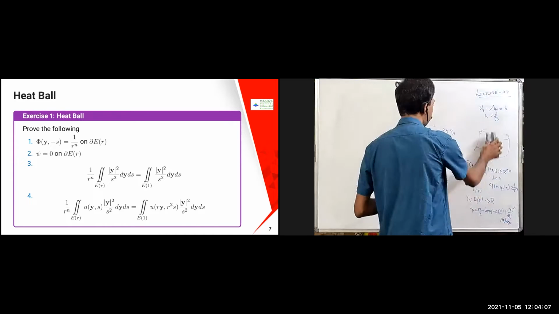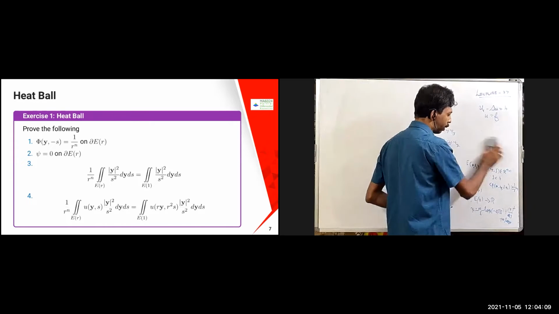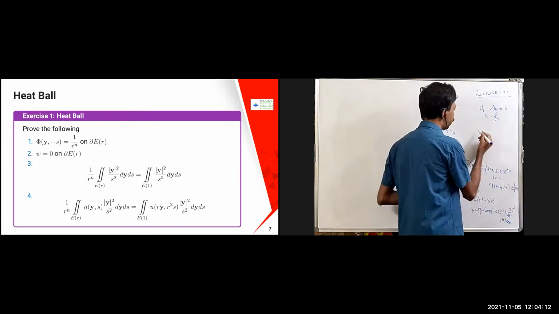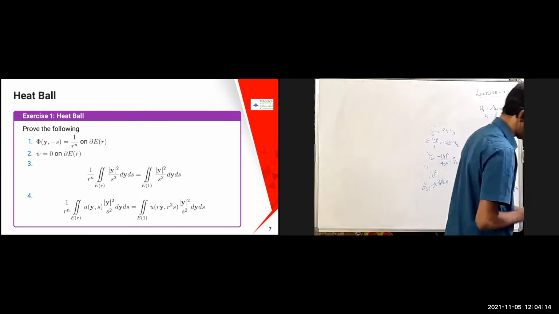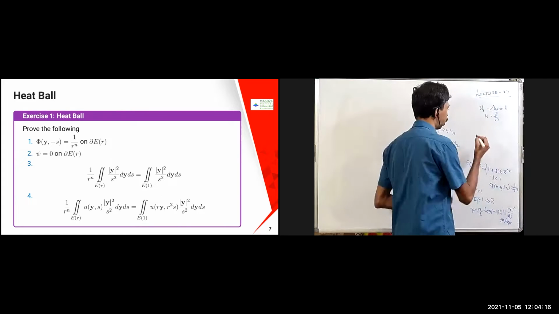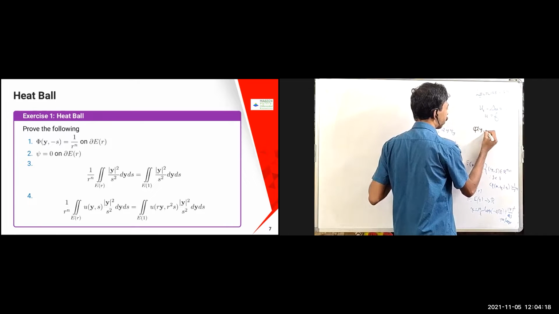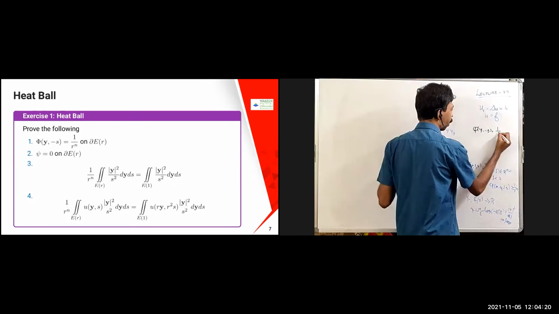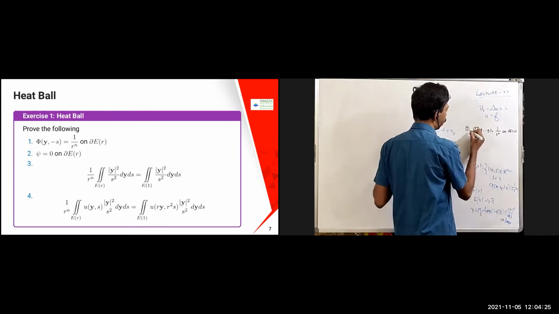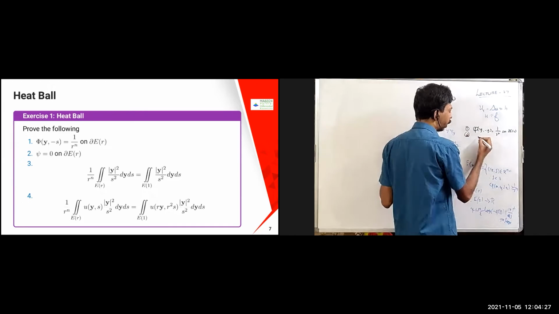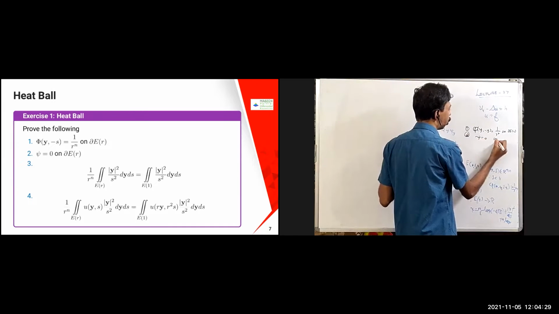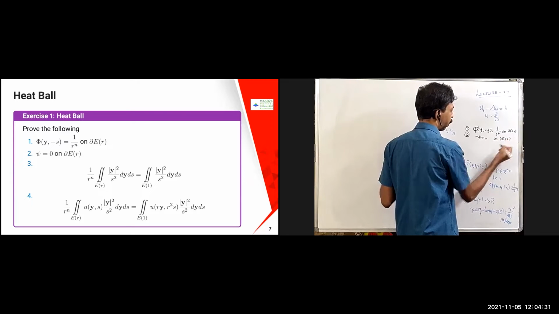Where what you have to prove is that phi of y minus s is going to be 1 by r^n on dou E(r), property 1, and property 2, psi equal to 0 on dou E(r).